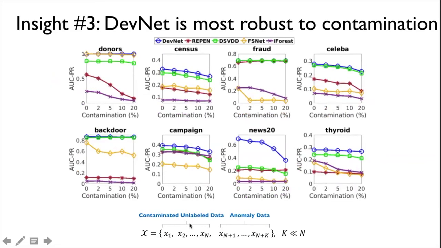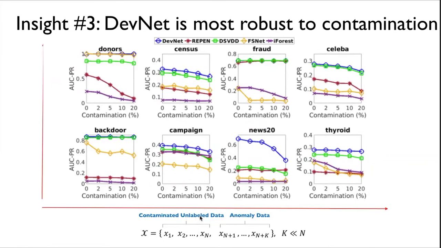A high level of contamination means that you have more anomalies in the unlabeled data, which may affect the performance of the model. Again, the horizontal axis is the contamination level, and the vertical axis is performance. You can still see that DevNet is substantially better than the baselines.